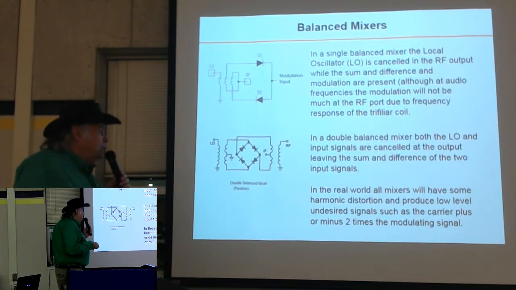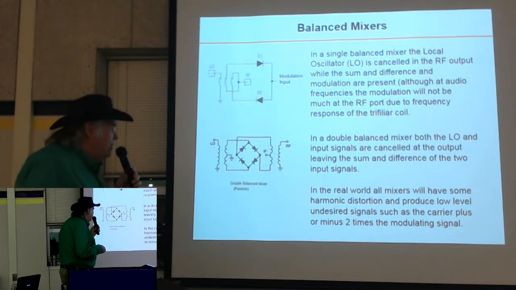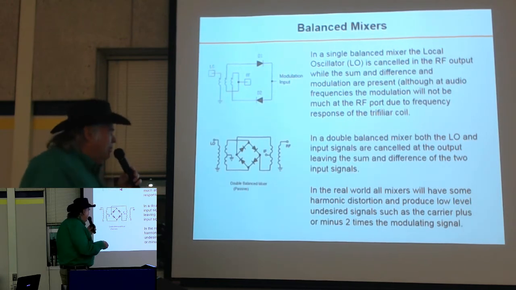And we also get low-level undesirables, such as intermodulation products, for example, the carrier plus 2 times the modulating signal as an undesired output. So part of the goal of circuit designers is how do you build a better radio to provide better rejection of these unwanted signals.